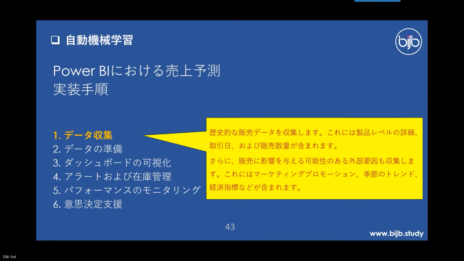On data collection, you need not only to gather historical sales data, including product level details, transaction data, etc., but additionally, and very important, you need to collect other data factors that may influence sales, but not necessarily directly relate to your sales and business. Examples are marketing promotions, seasonal trends, economic indicators, and others.